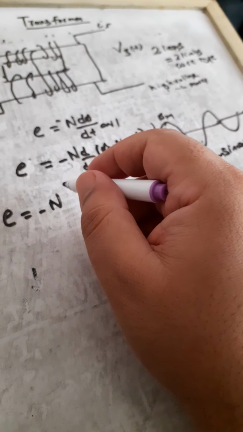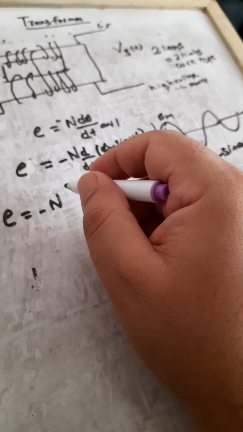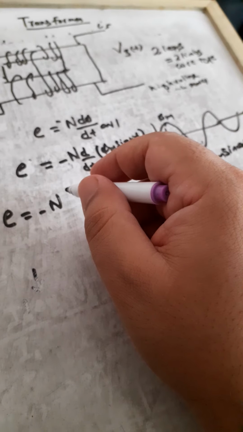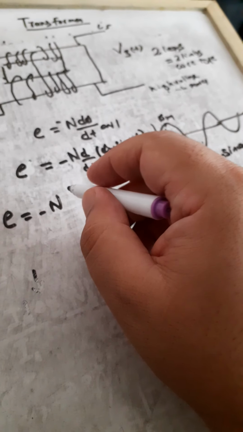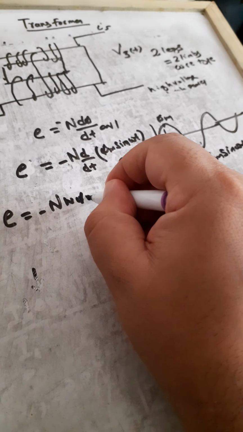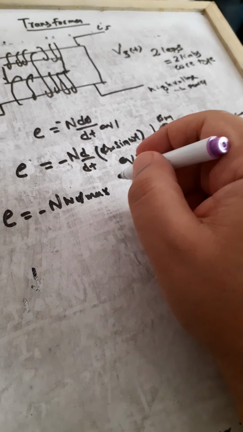If we differentiate the sine term, we arrive at the cos term. Putting phi m sine omega t here, you get minus N omega phi max cos omega t.